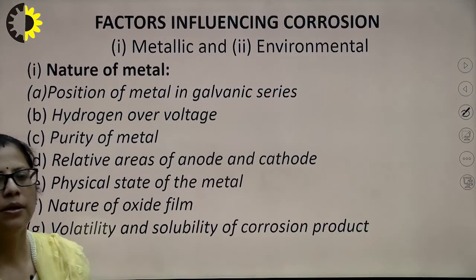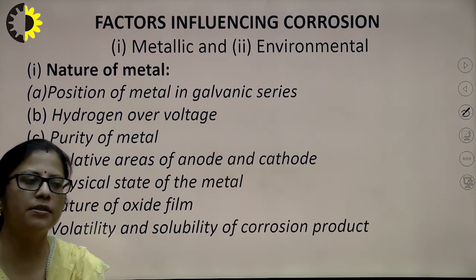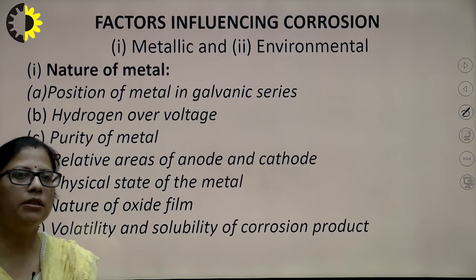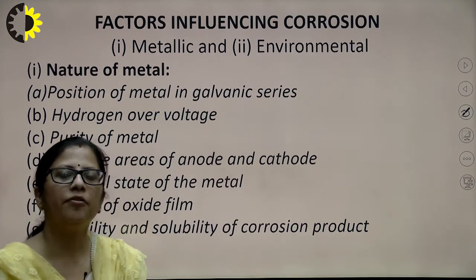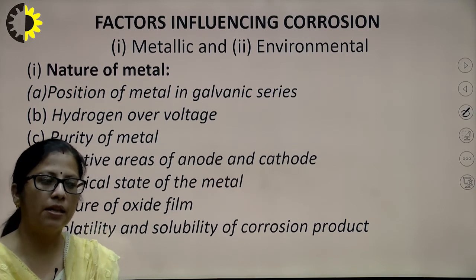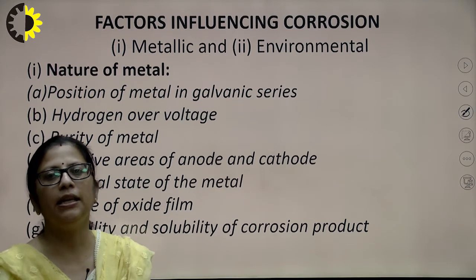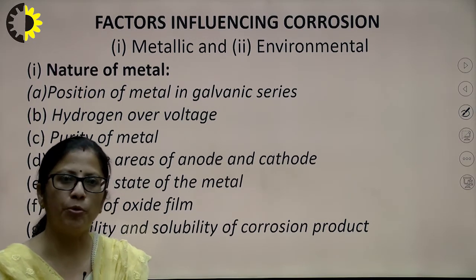Now, coming to the different factors which influence corrosion. The factors are broadly classified into two parts. One is the nature of the metal and second is the environmental conditions to which those metals have been exposed.